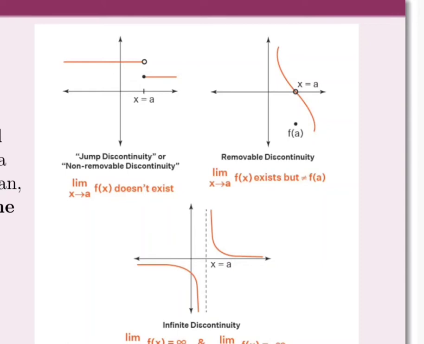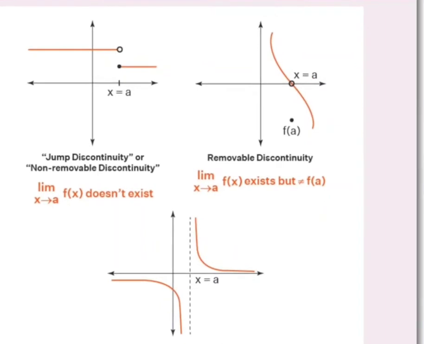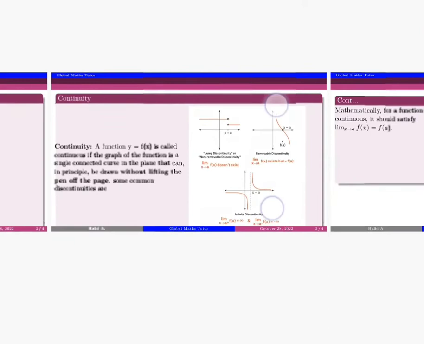The second one is hole discontinuity, or removable discontinuity, because we can remove the discontinuity and make it continuous. The third type is infinite discontinuity. It means we have a vertical asymptote, so we can't remove that. Those are some of the types of discontinuity.